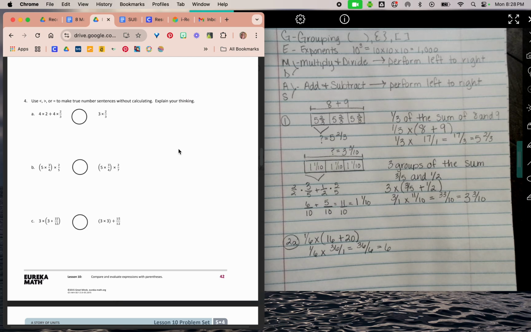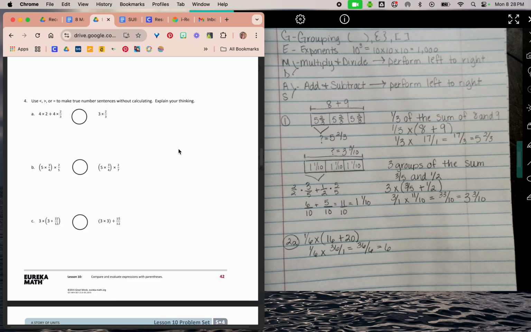So if we were to look at 4a, we have 4 times 2 plus 4 times 2/3, and then we have 3 groups of 2/3. When I see 3 times 2/3, I know right away that that answer is going to be less than 3, because I'm not going to have that whole group. I'm going to have 2/3 plus 2/3 plus 2/3, and that's 6/3.